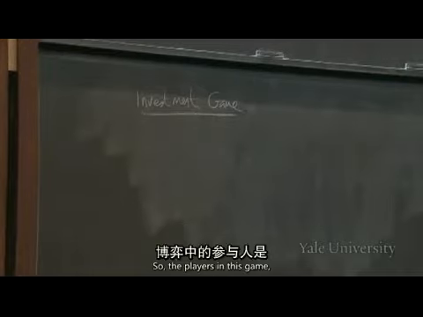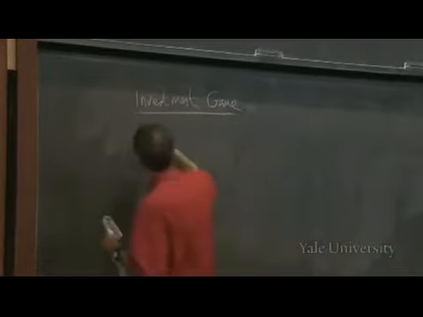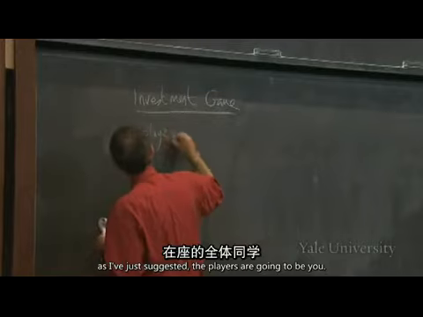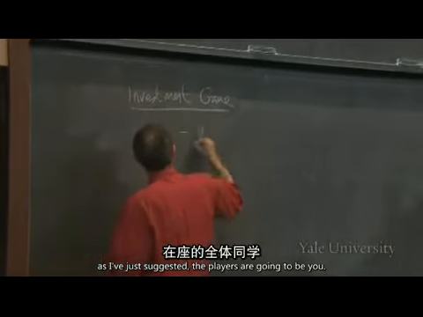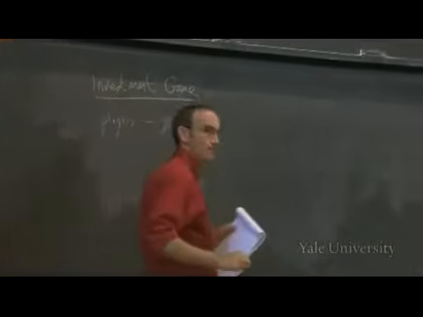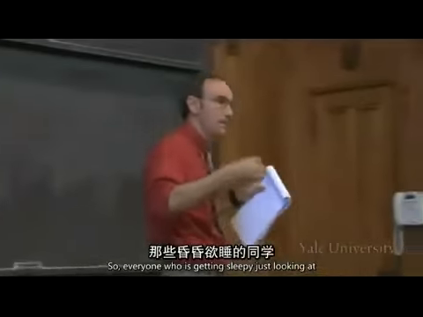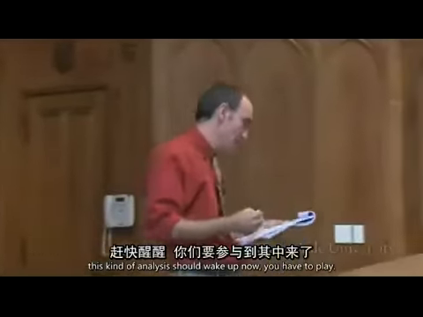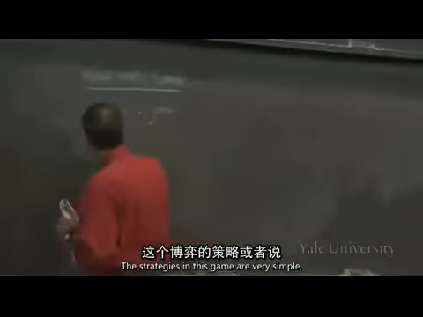All right, so the players in this game, as I just suggested, are going to be you. All right, so everyone who was getting sleepy just looking at this kind of analysis should wake up now. You have to play. All right, and the strategies in this game are very simple.